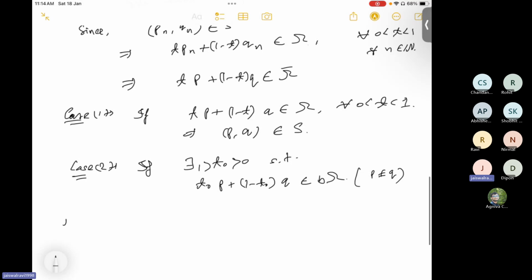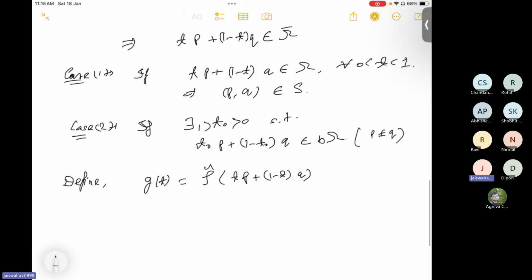So we'll define g of t, which is rho tilde, where we have taken a defining function which satisfies the property or estimates of theorem 1. So g of t is rho tilde of tp plus 1 minus tq.